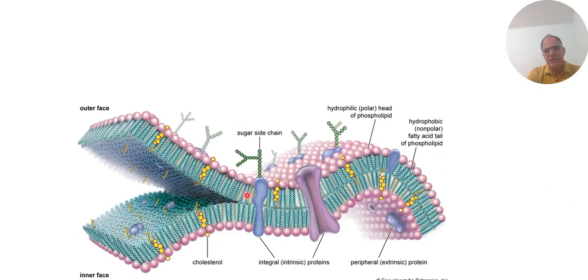This shape is part of a cell membrane or plasma membrane. In the structure of cell membranes, we can see different molecules such as proteins, carbohydrate chains, the sugar chain, and phospholipids. Each phospholipid molecule has a head and two tails.